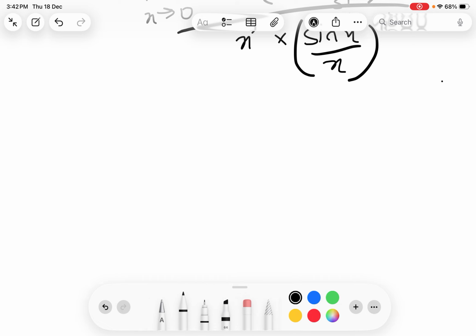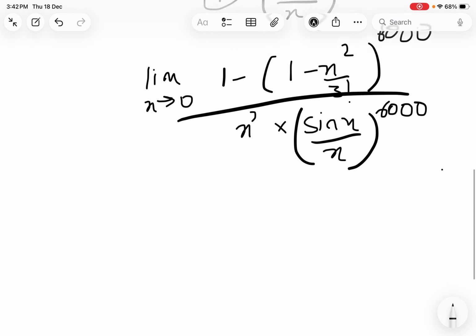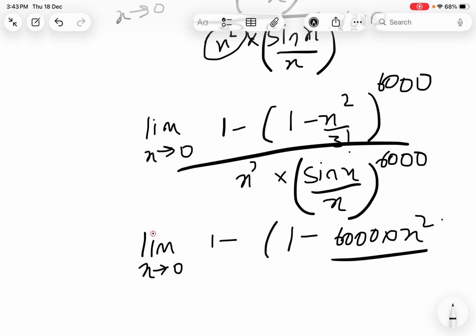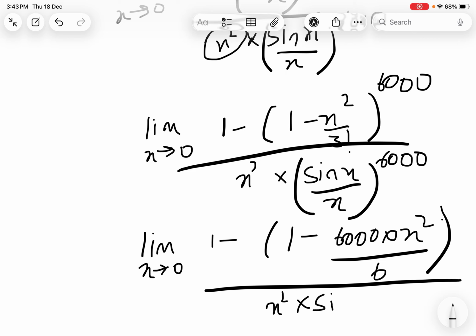This thing over here will become limit x tending to 0, 1 minus whole of 1 minus 6000 into x square by 3 factorial, that is 6, upon x square into sine x by x raised to power 6000.